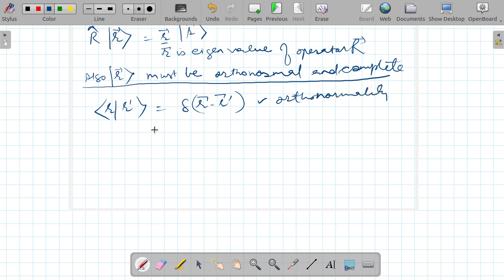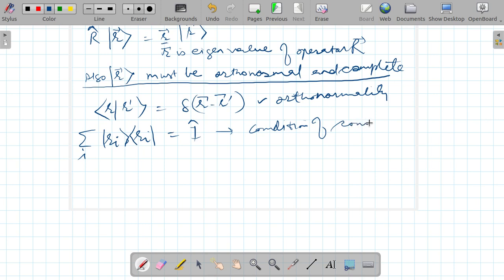And the summation over i of ket R_i bra R_i, if it is the unity or identity matrix, then it is the condition of completeness.